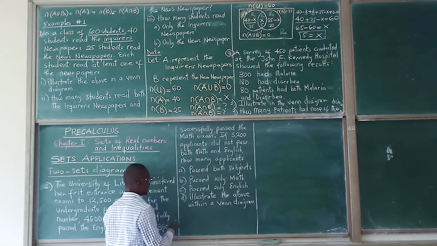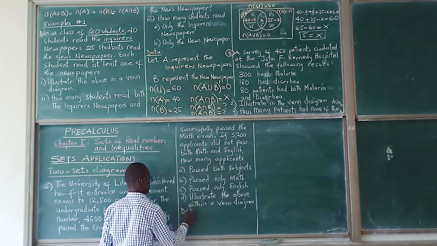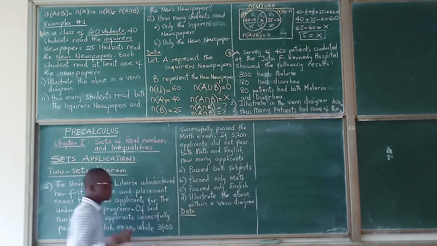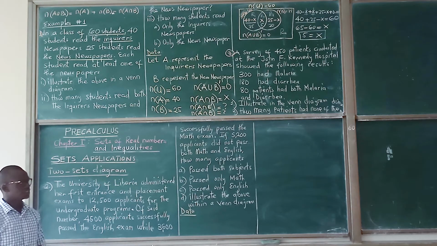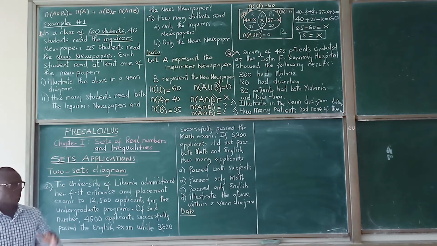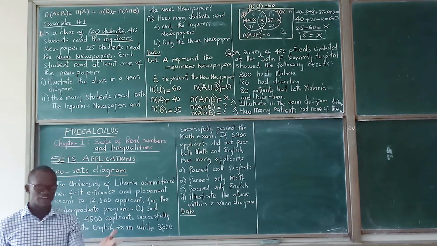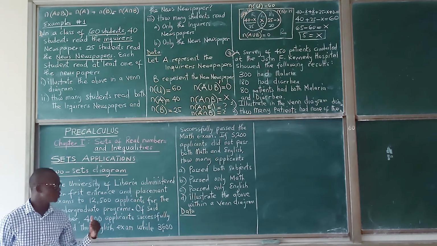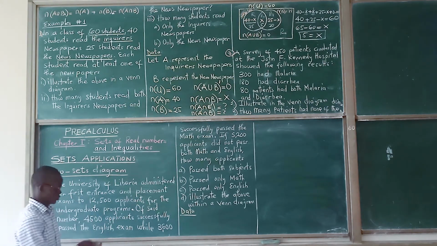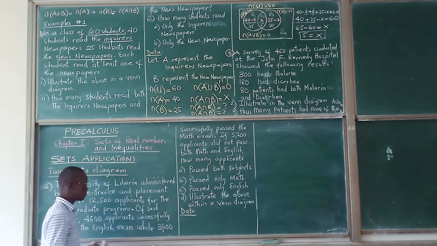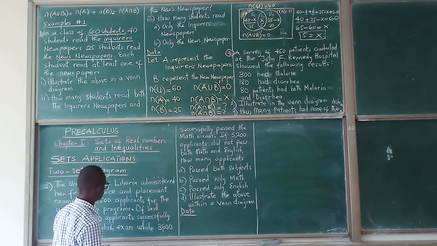So again, we collect our data. Now we are dealing with two sets: the set of applicants who passed the math exam and those who passed the English exam.